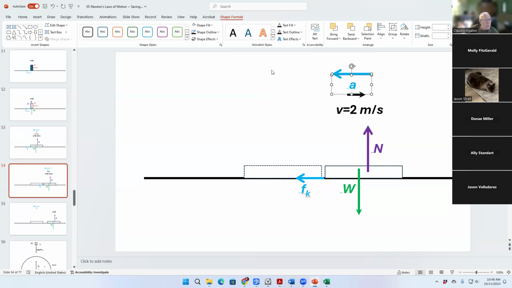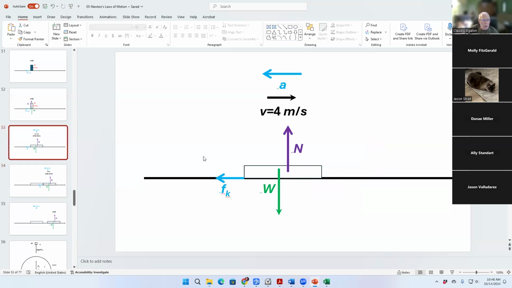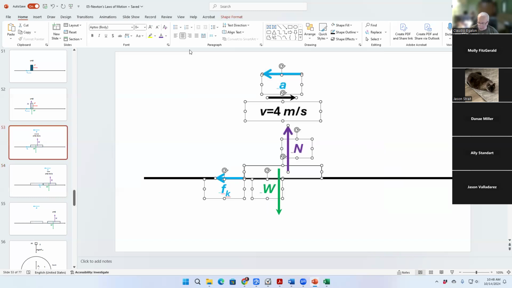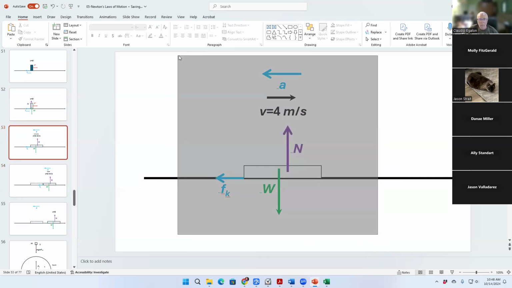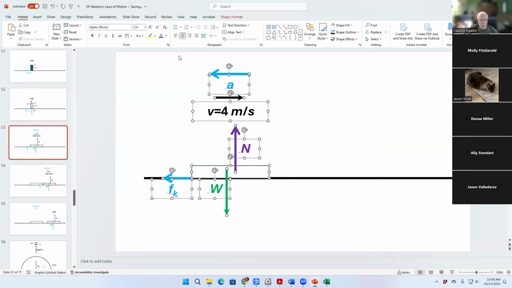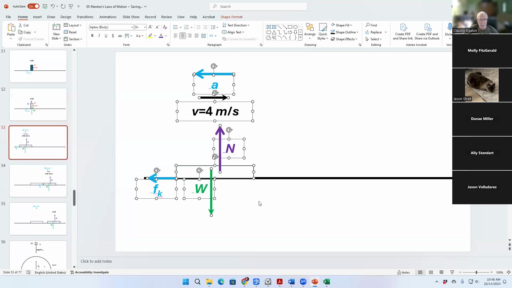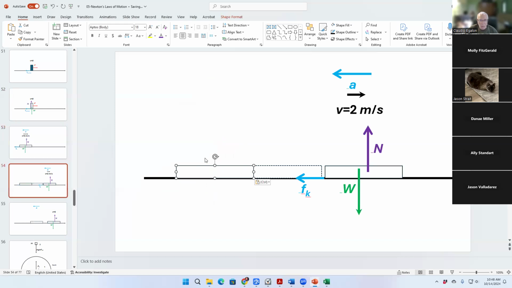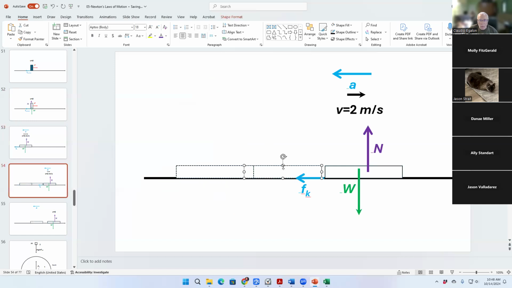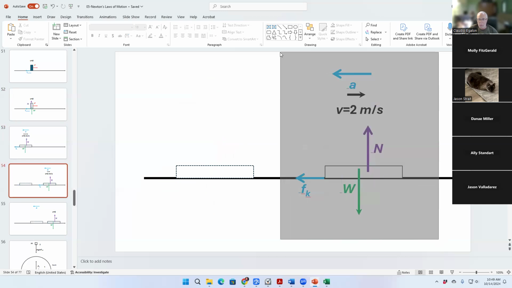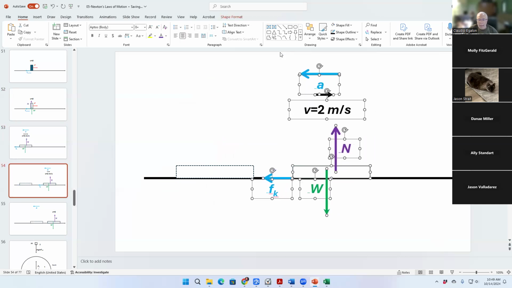It's not turning out to be good. Let's see. I'm gonna move a little bit more to the left so I have enough space. Okay, here you go. Now I have more space here. Like that, right?